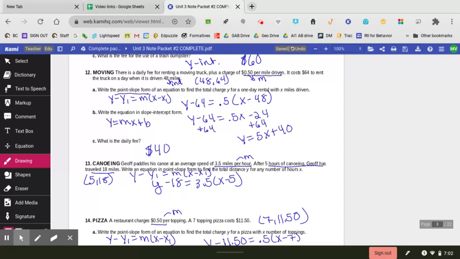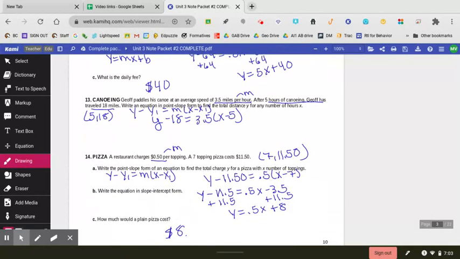Then I use y minus y1 equals m times (x minus x1), and that gives me y minus 64 equals 0.5 (x minus 48). For part B, I write it in slope-intercept form, which becomes y equals 0.5x plus 40 after I distribute and add 64, which means the daily fee is $40 because that's the y-intercept.